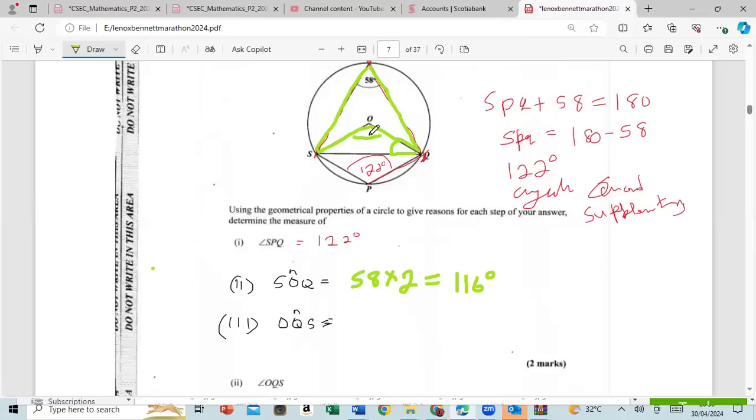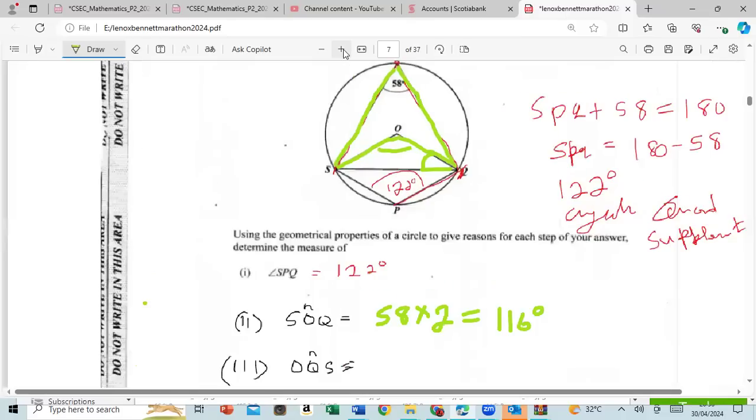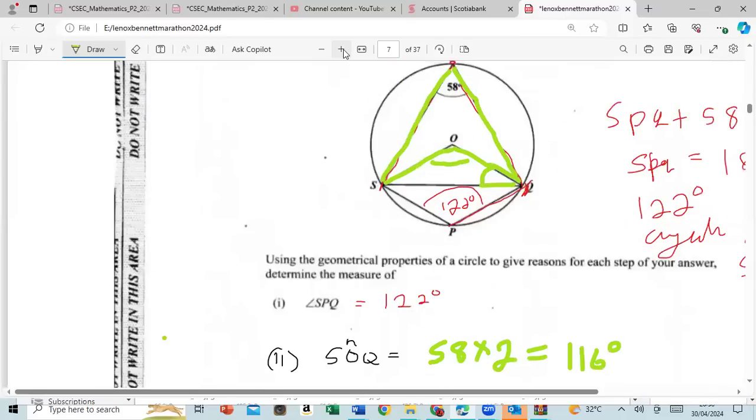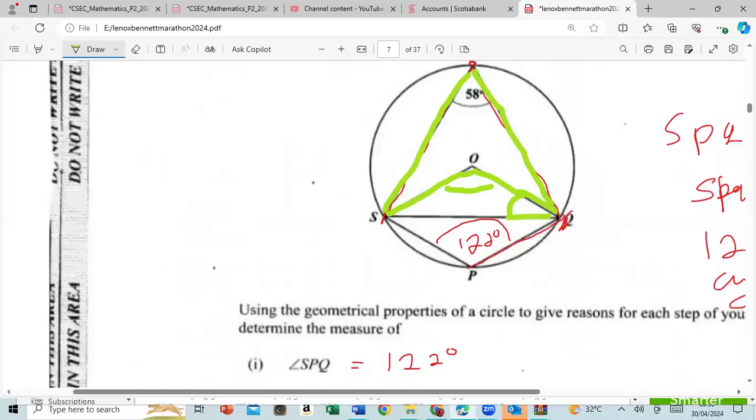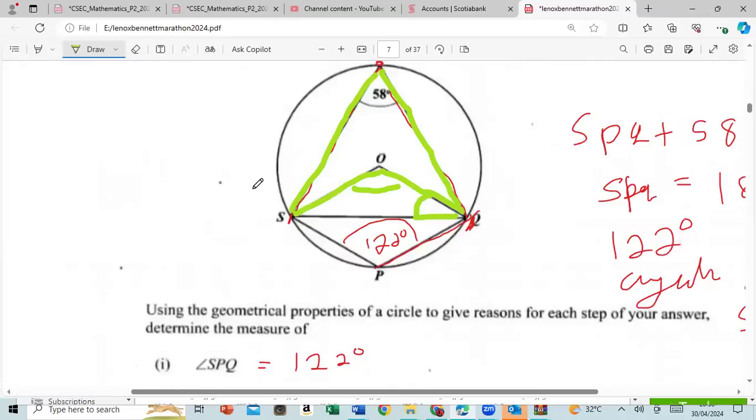But remember, we already calculated this, and this was 122. Technology is powerful, guys. So just zoom in on that little piece here. We put in the 122 we got as well, so persons can see it.